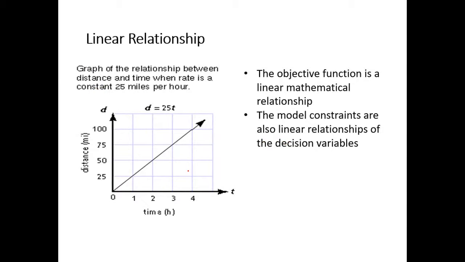So then comes the question, what is a linear relationship? What do we mean by linear relationship? Linear relationship means that when we have two variables, like here, there is distance and time, and we are measuring both distance and time. Suppose we are sitting in a car and we are moving, so we are calculating the distance covered and we are calculating the time spent.